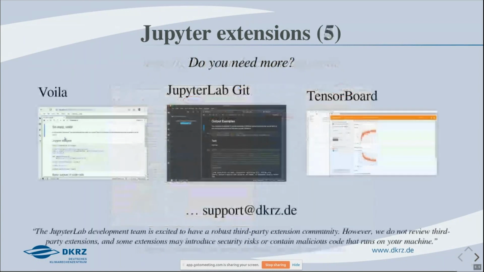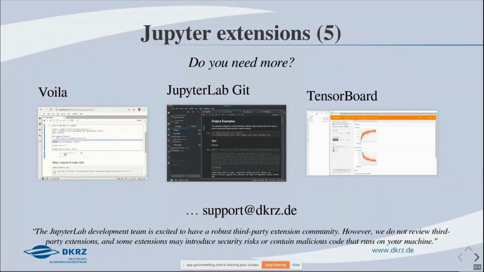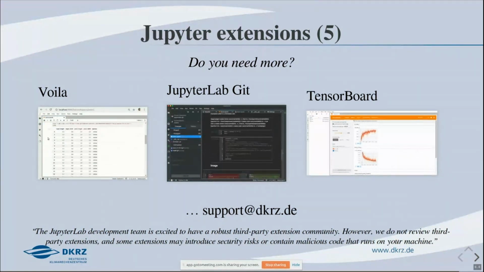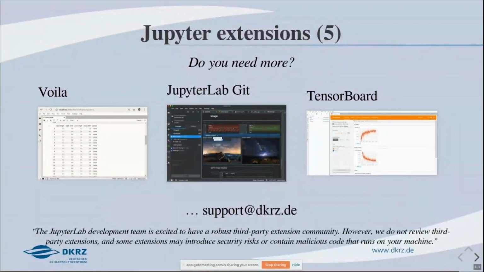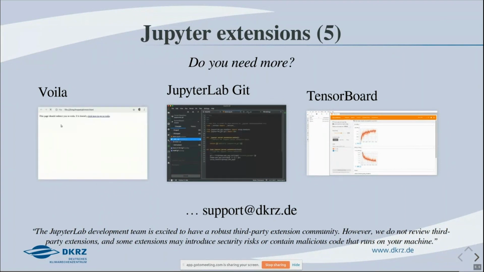There are more extensions, but as the Jupyter Lab developers said, we cannot review all third-party extensions due to security reasons. We cannot just install all available ones, and it would really slow down the server. But if you really think that you need an extension in your work, just contact us and we will see.